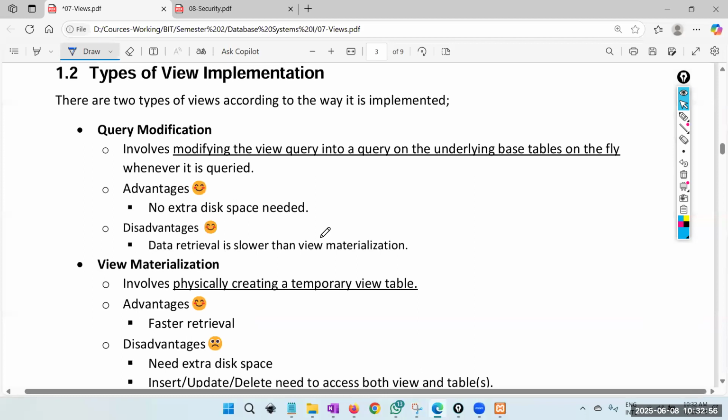Right. So when it comes to views, there are two ways you can implement a view. We call it query modification and view materialization. Right. So query modification means there is no physical table-like thing. The view is conceptual. It's a SQL statement.